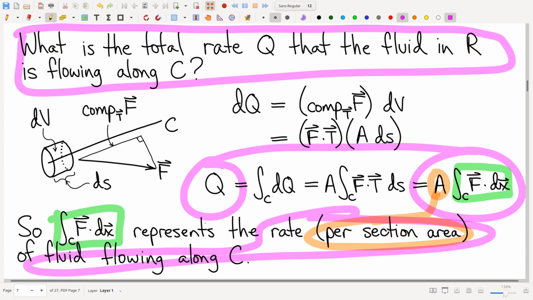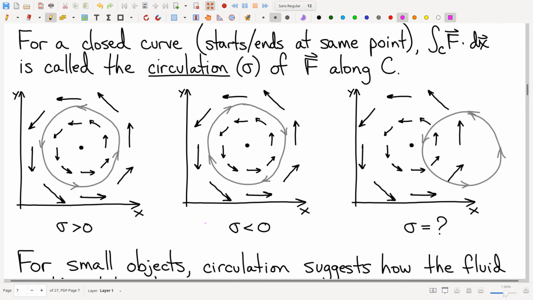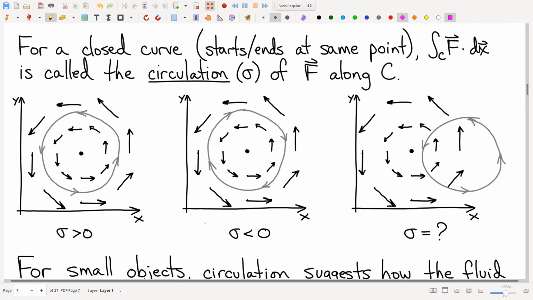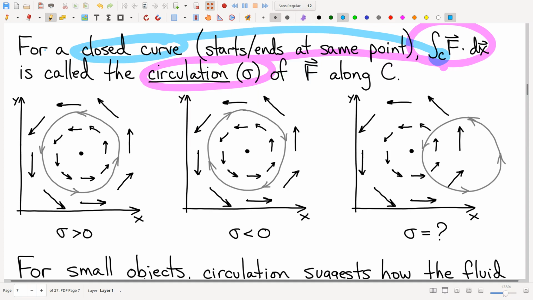Okay. All right. So there's a particular special case of this that we care about. It's this vector line integral. It's called circulation in the following special case. The special case is that the curve over which you're computing it is a closed curve.